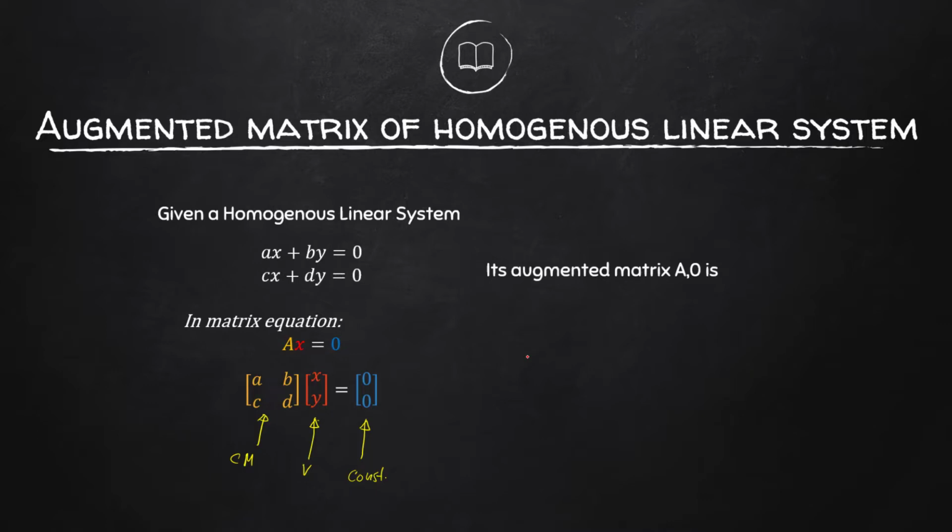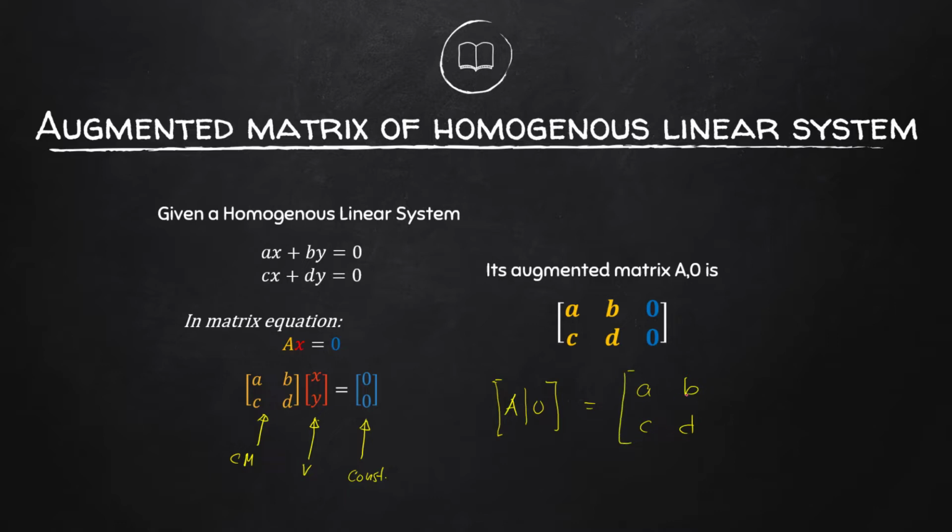From the matrix equation, we can now write the augmented matrix [A | 0] as shown in the figure, or we can write this as A in a vertical line enclosed by a bracket, and this is equal to a, b, c, d.